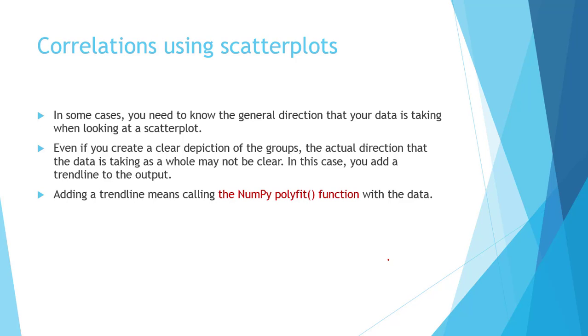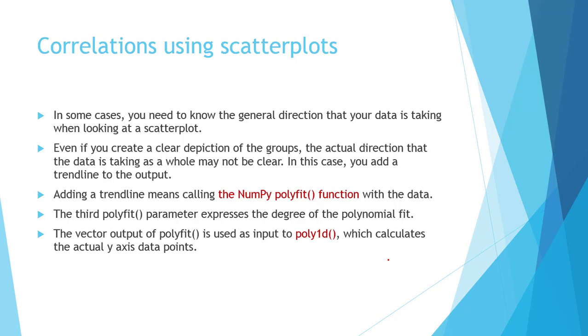Adding a trend line means calling the numpy polyfit function with the data. The third polyfit parameter expresses the degree of the polynomial fit, and the vector output of the polyfit is used as an input to the poly1D, which calculates the actual y-axis data points.